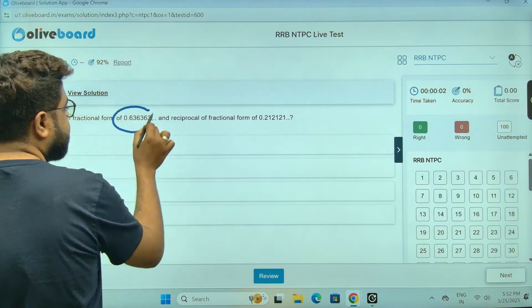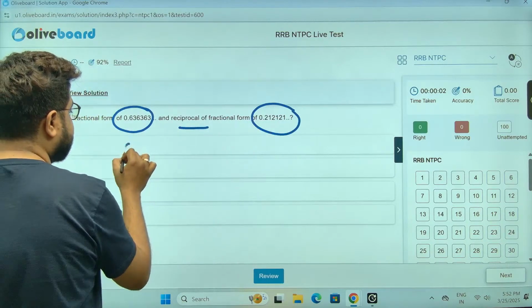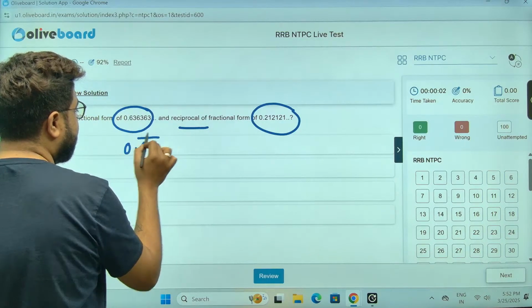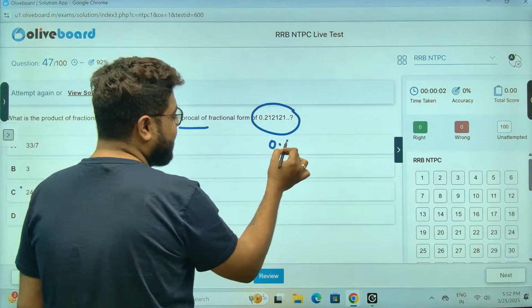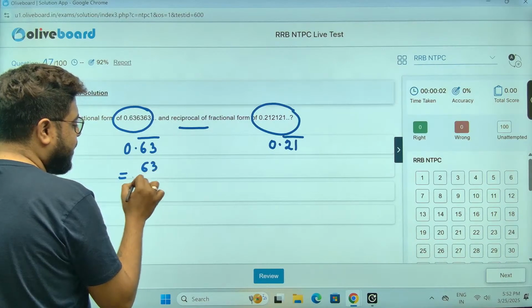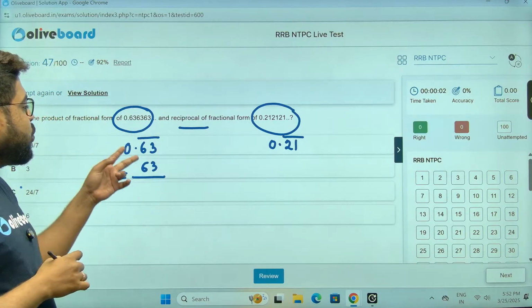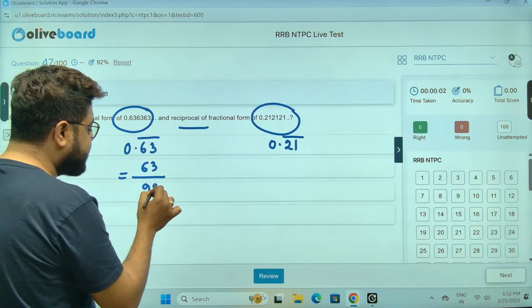Fraction form of this, and the reciprocal of the fraction form of this. This is 0.63 whole bar. This is 0.21 whole bar. So this means 63 by 99, since there are 2 digits after the decimal having the bar, divide by that many nines.